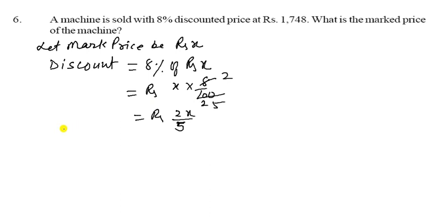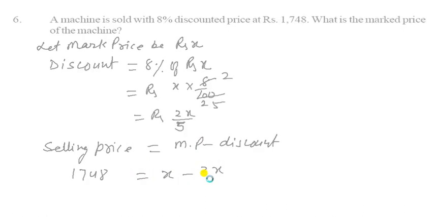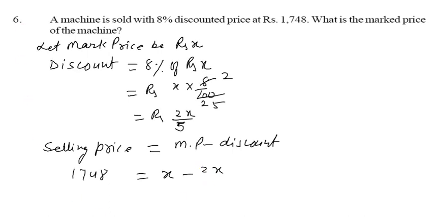So after discount, the selling price is equal to mark price minus discount. It is given as 1748 and mark price, that is the X, minus discount is 2x upon 25.